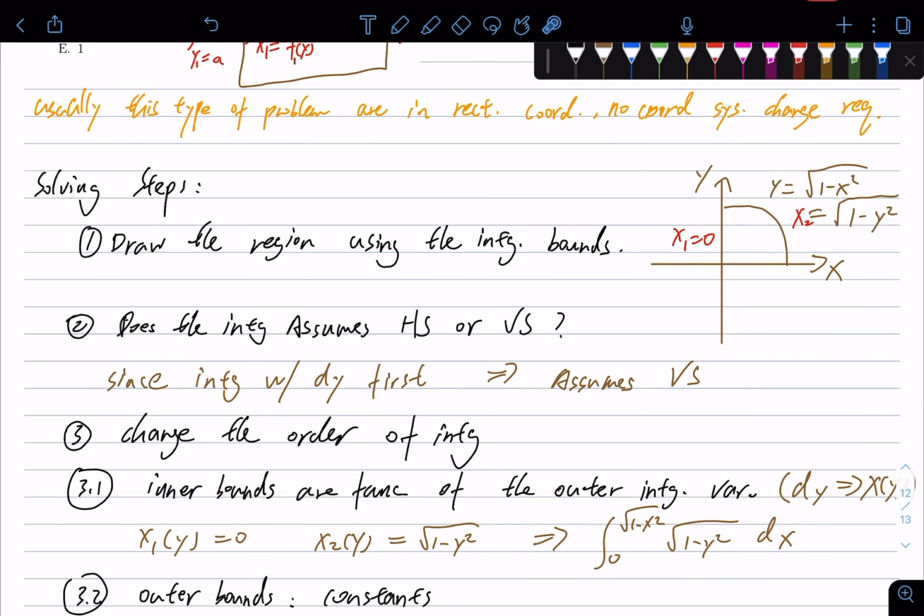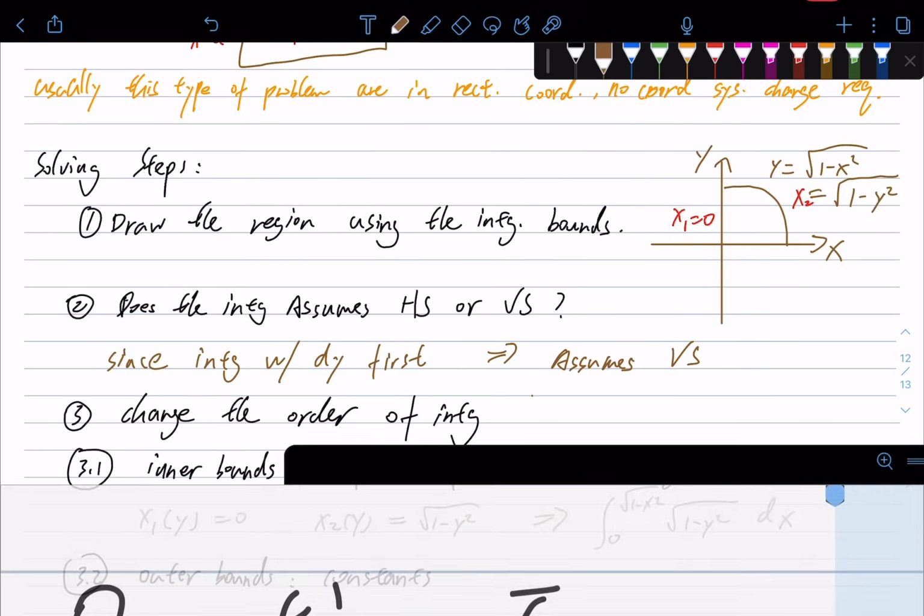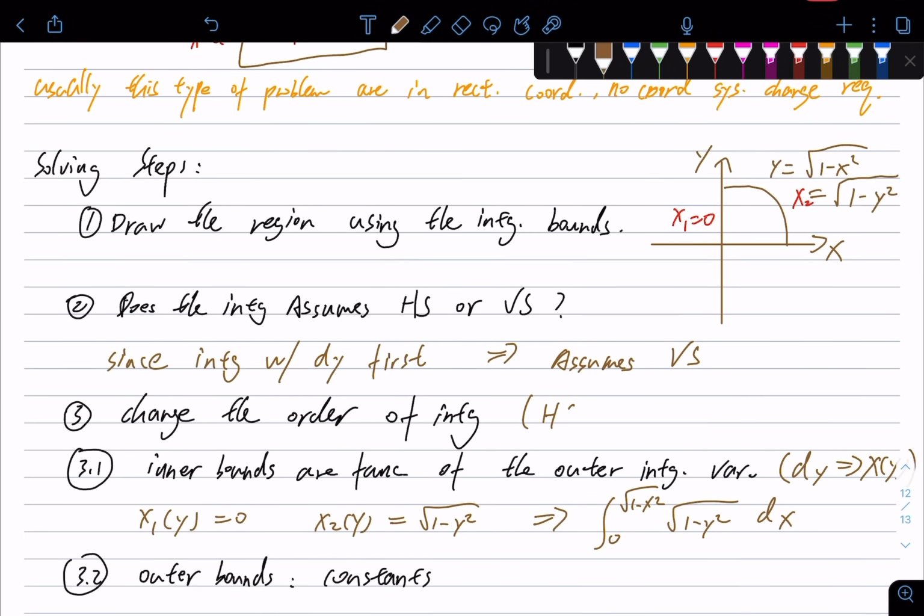This is what horizontally simple is doing: always integrate left to right first, and then bottom to the top. So the bottom is a constant. What is this number? It's 0. So y1 is 0, and y2 goes to 1.